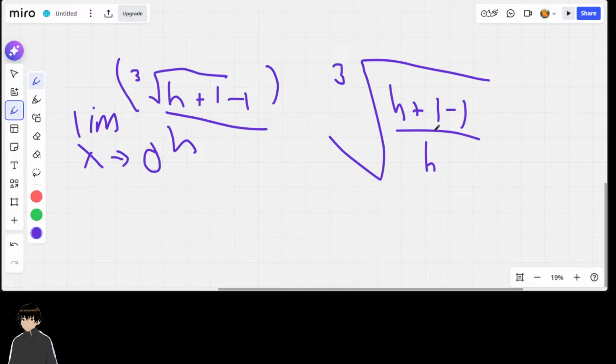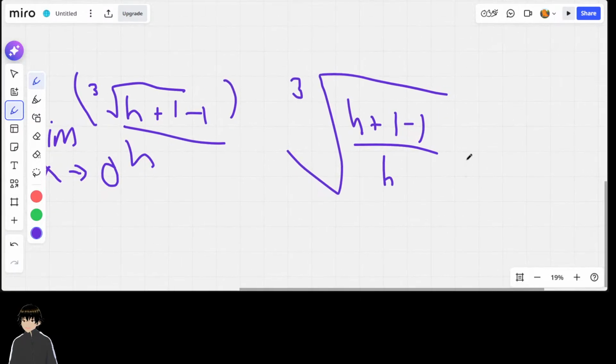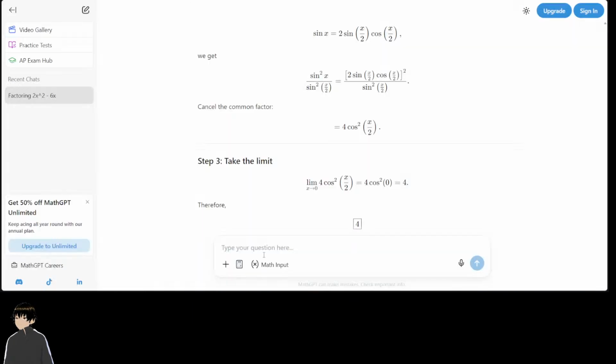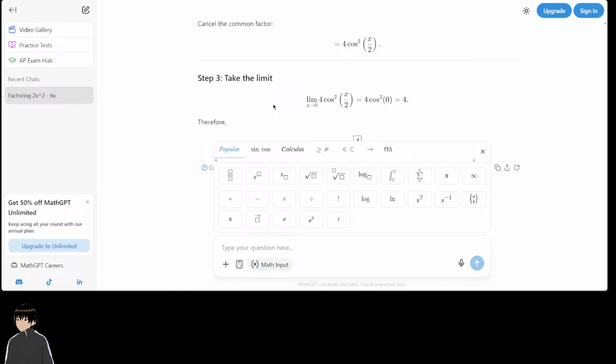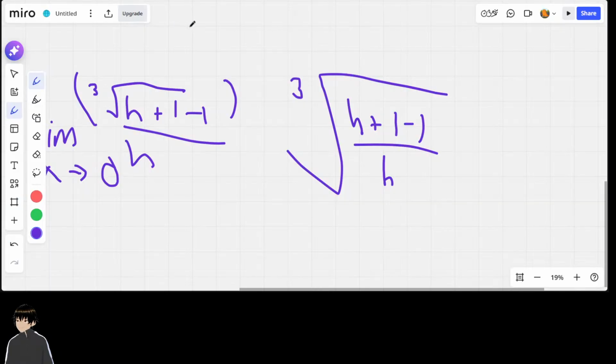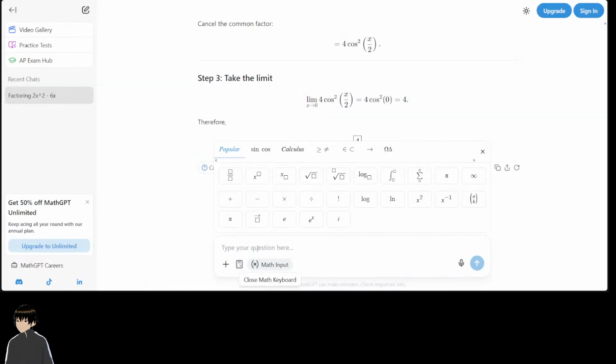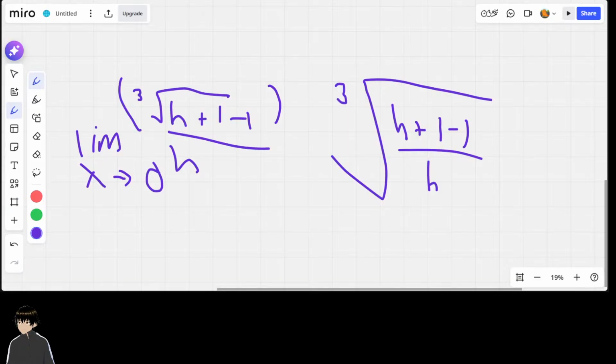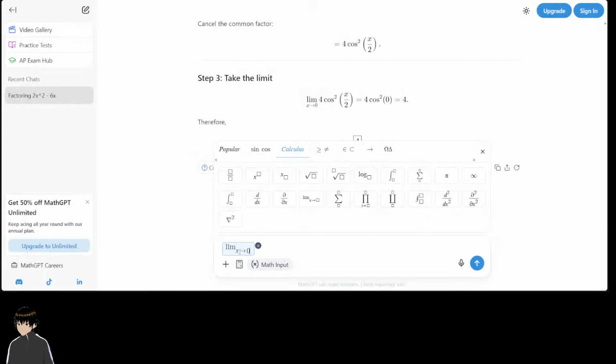I have to expand it. Is there any? You can't expand this any longer. You're going to get 0 over 0. Oh my goodness. It's 0 over 0. Then cube root.